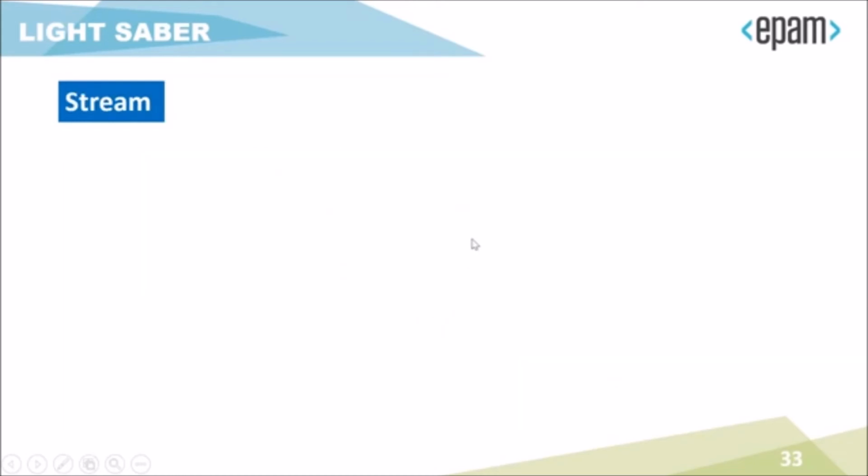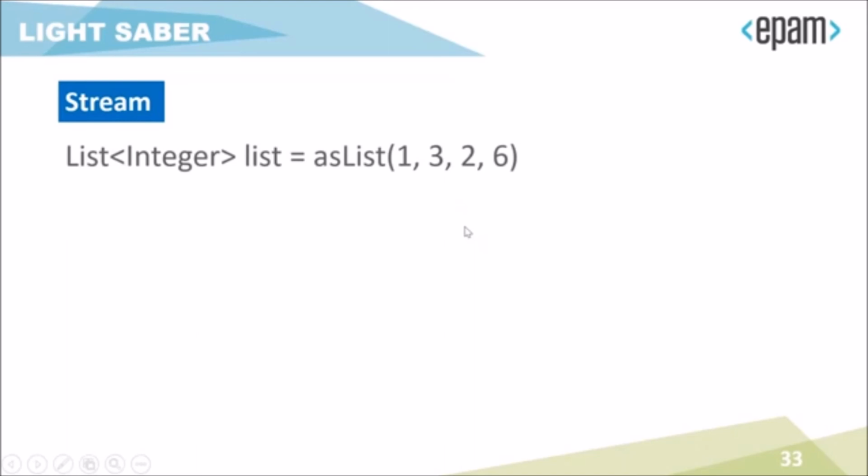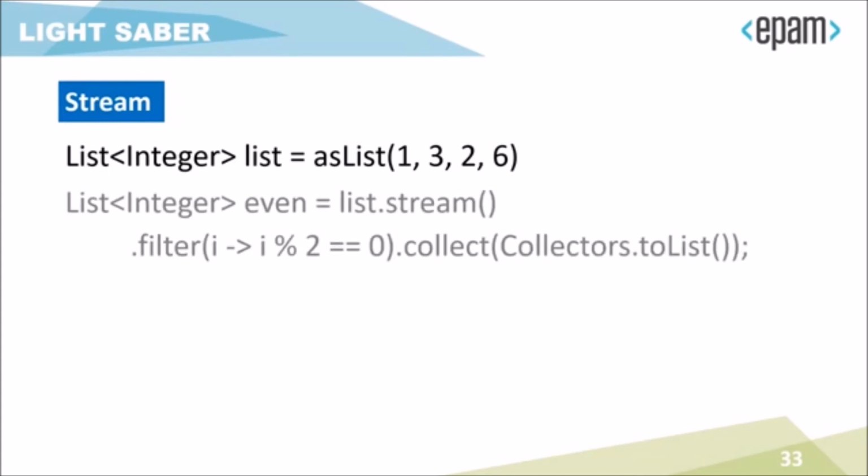One more thing, I think you know, in Java we have streams for manipulating list elements. And a typical situation, for example, looks like this. We have a list of some numbers, and we want, I don't know, to get only even numbers.